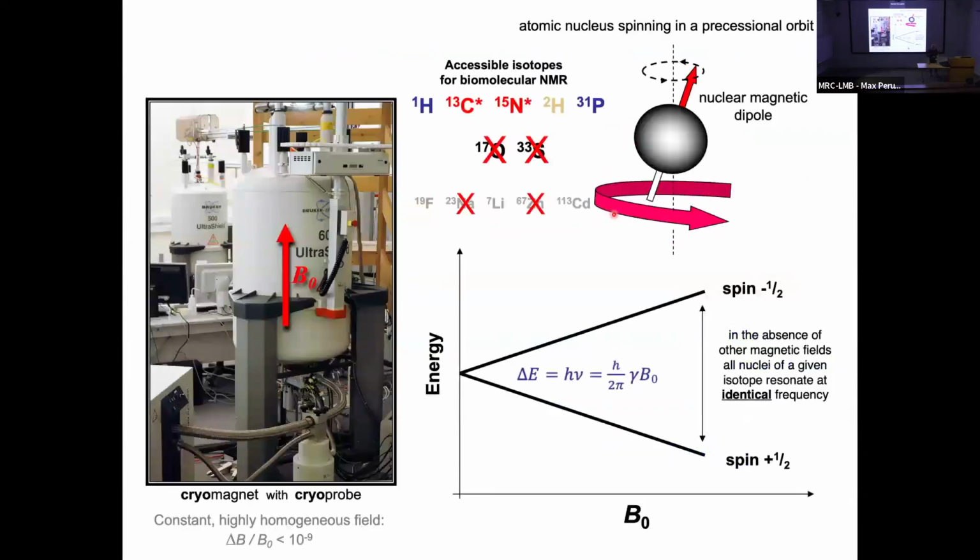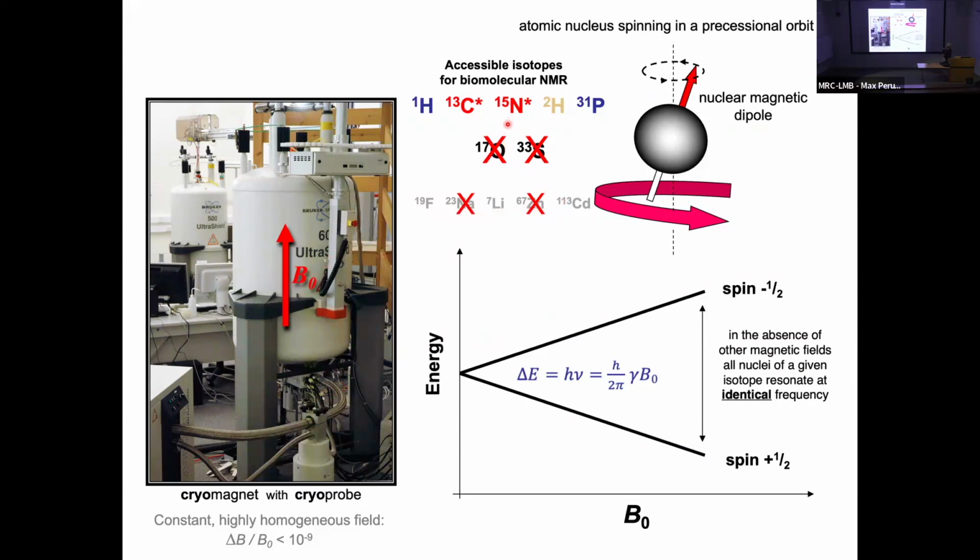So where does the NMR signal come from? It's useful to say that we have these powerful magnets, and you put your sample into the center of this external magnetic field. As you do that, the molecule starts to separate out into different so-called spin states.